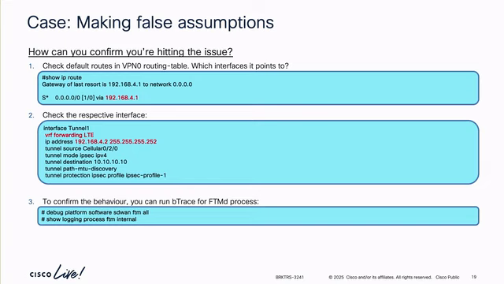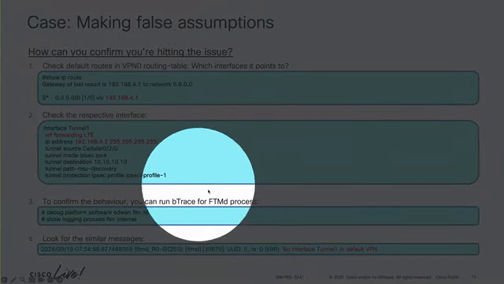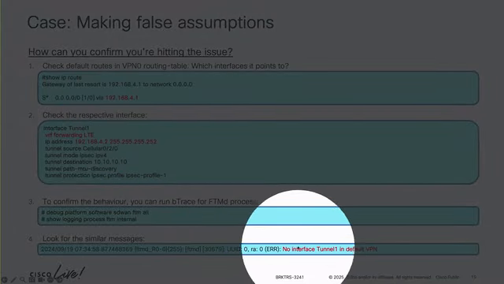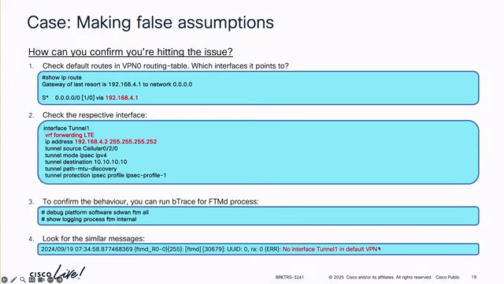So we can run extensive debug for that process to see what's going on and why it's not establishing a BFD session. And we can easily see that FTM tells us, okay, no interface tunnel in default VPN, which is VPN 0. FTM tells us, I cannot use that interface. It's not supposed to be used for establishing BFD sessions.